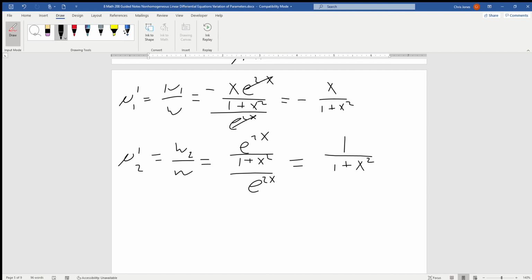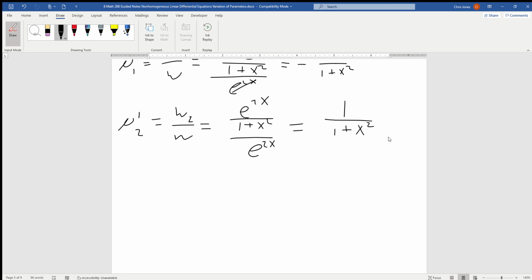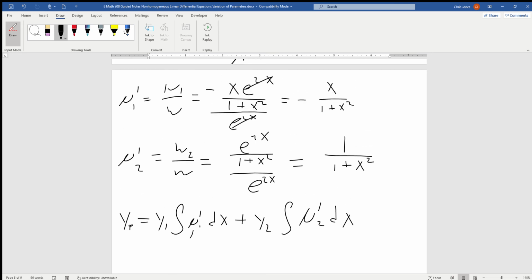Now we're going to integrate each of those, and then we'll throw everything back into our particular solution. So now remember, to get yp, that's equal to y1 times the integral of u1' dx plus y2 times the integral of u2' dx. And so we just need to integrate the two functions above. I'm going to pull the negative outside, the integral of x/(1 + x^2) dx.